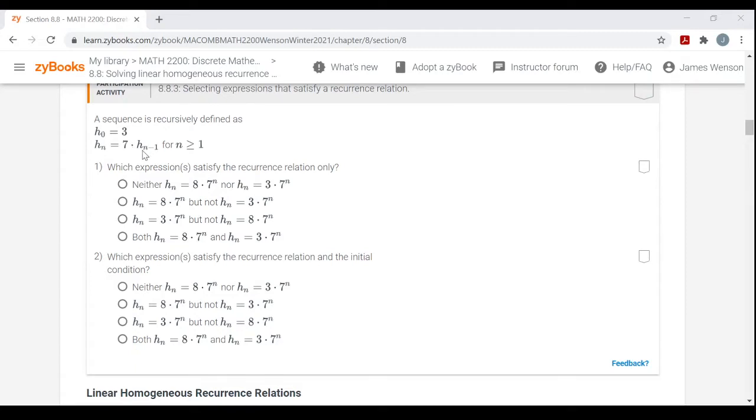But really, if you ignore the initial condition, this recursive rule would be satisfied by any number times 7 to the nth power.